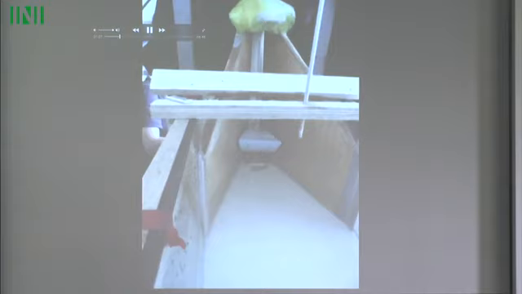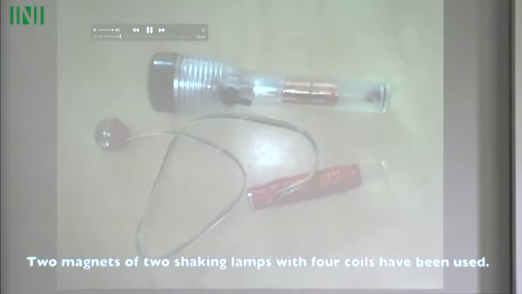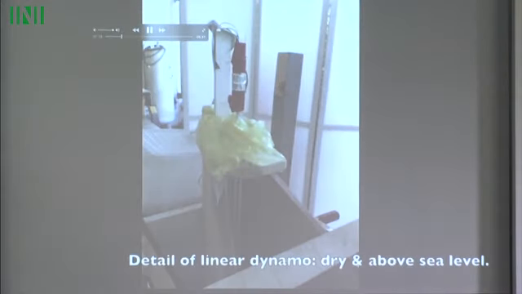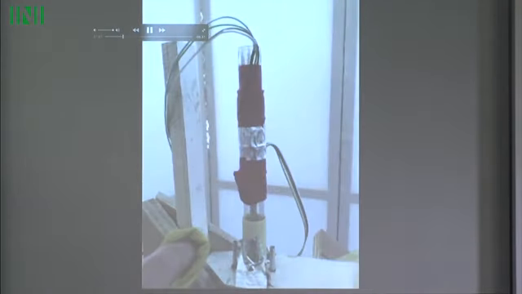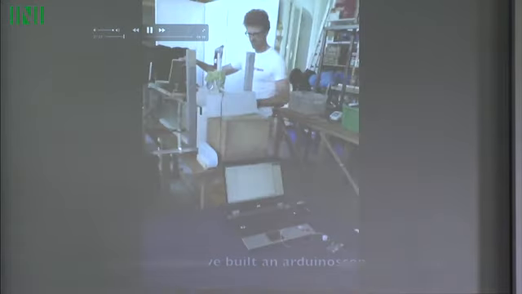We put the coils around the tube, and then there is one magnet in here, so we used two of them. We had 4 coils and 2 magnets on top of a mast, which goes up and down, and in a second you will see there is a LED, and you see the movie. So it's a makeshift motor.